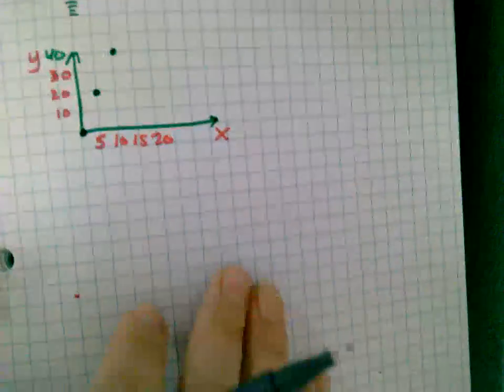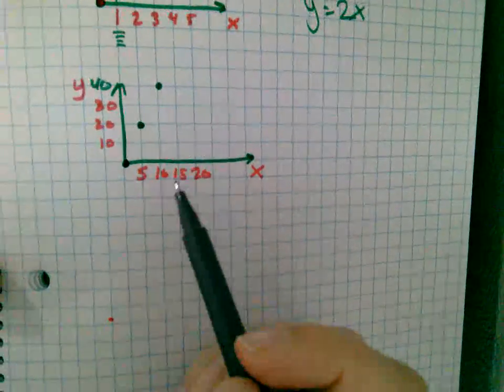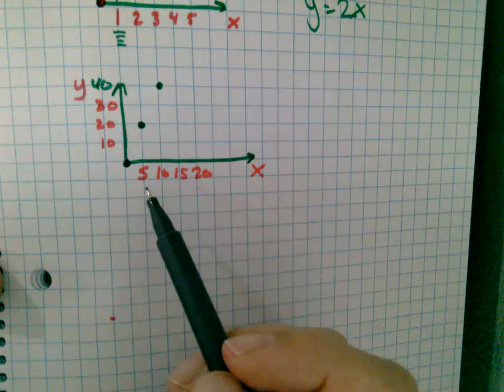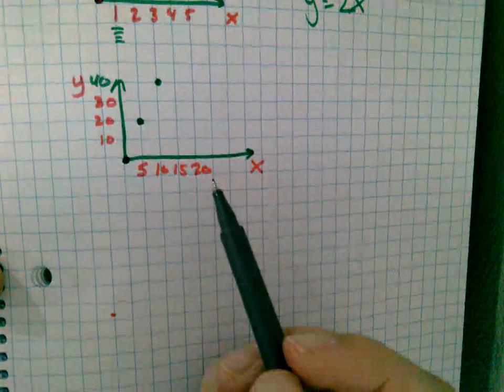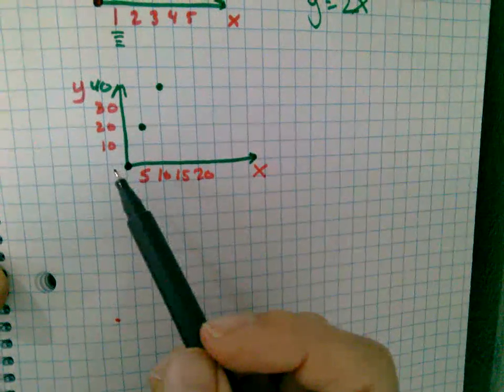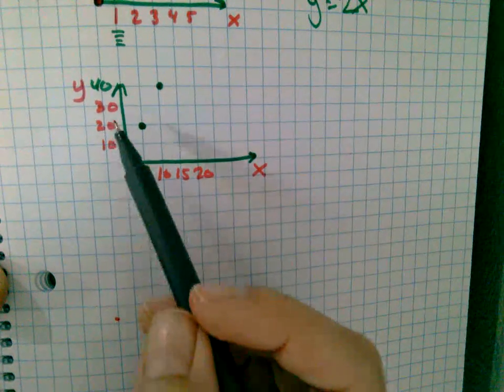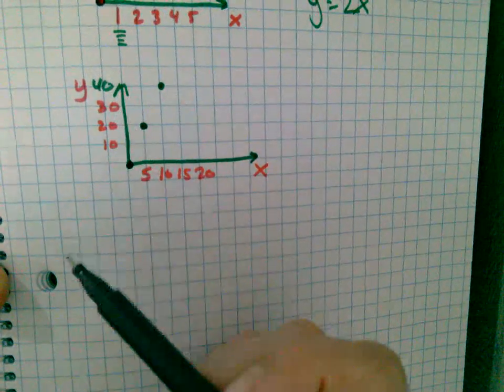Before I connect, I'm going to zoom it in. So on my X, I went by 5s: 5, 10, 15, 20. On my Y, I went up by 10: 10, 20, 30, 40. Okay?